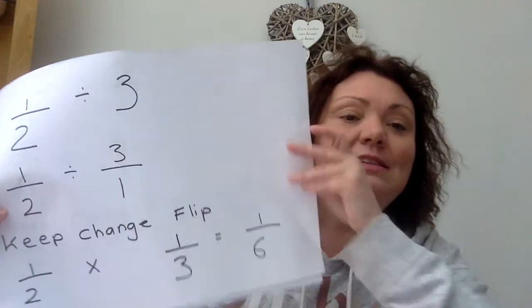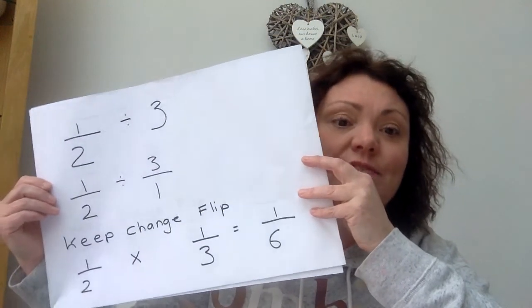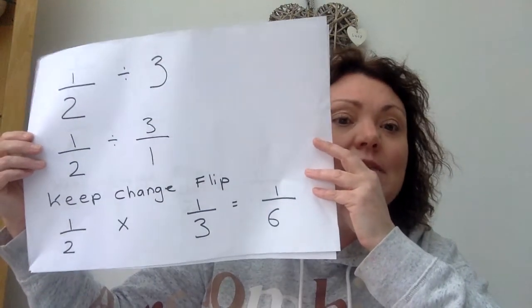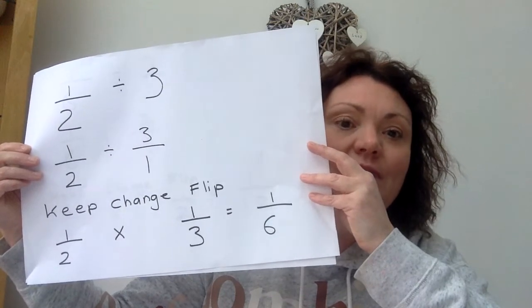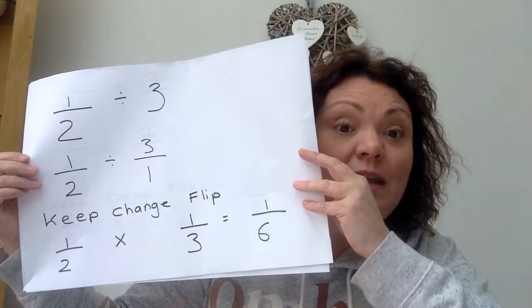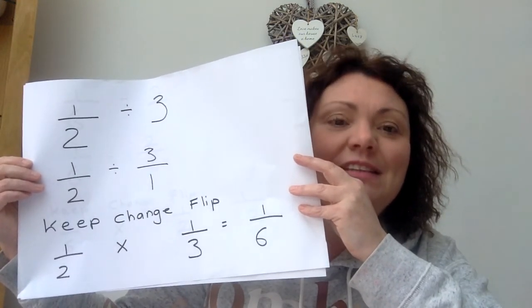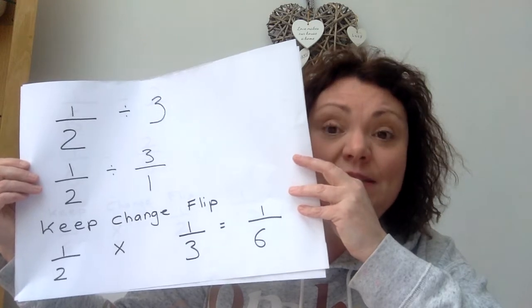So how does that look? What we do is we keep the first fraction the same. So we say keep that half the same. And then we change the division to a multiplication. So we change that division sign to a multiplication symbol.